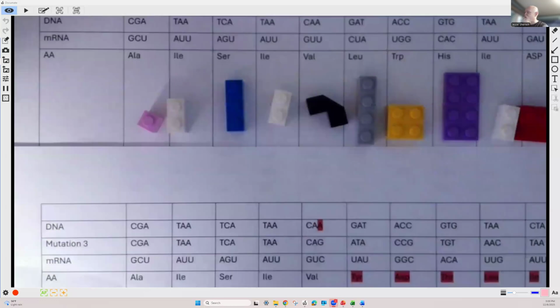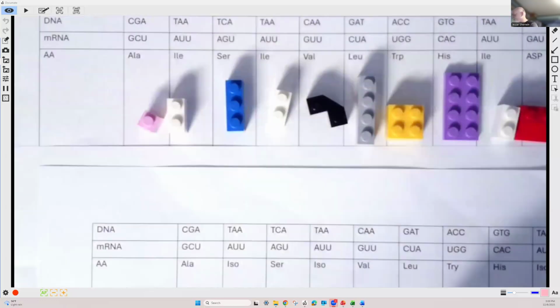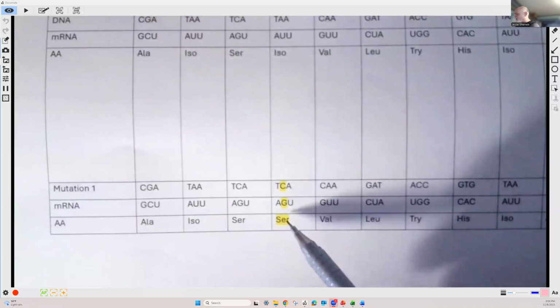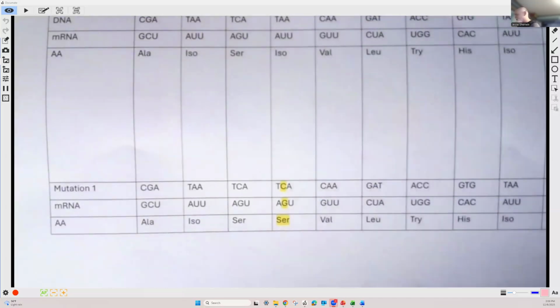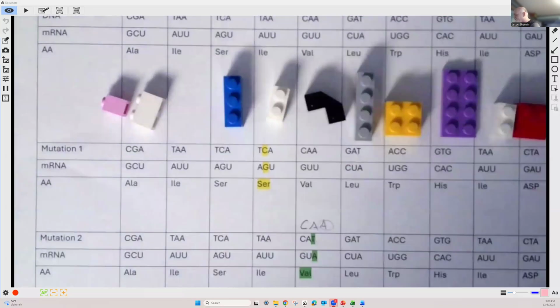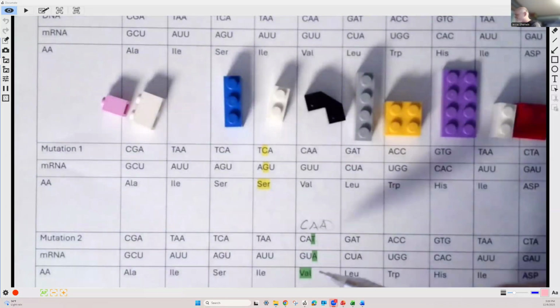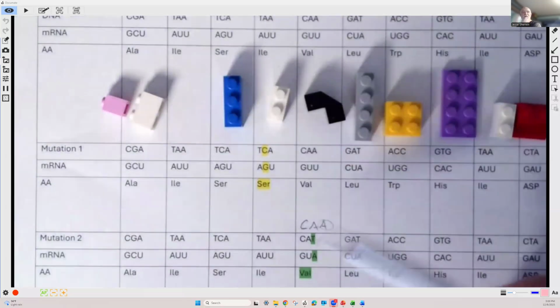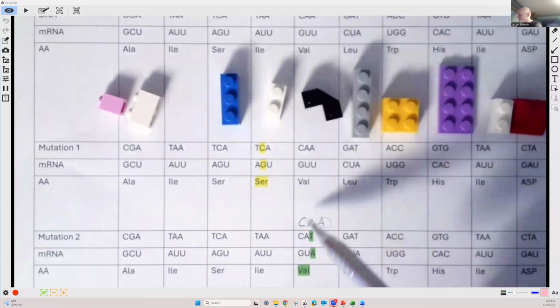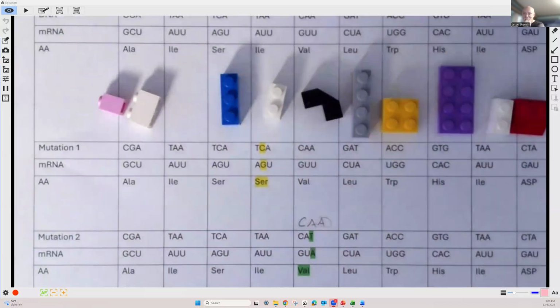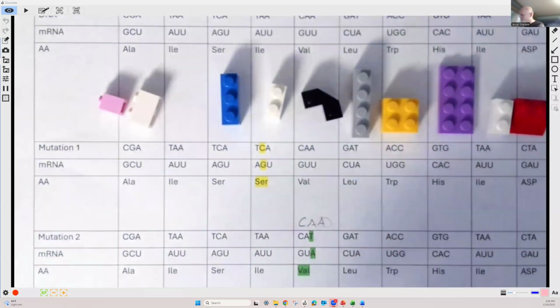The example over here, where we just changed one letter from an A to a T. It just changed the last letter of the codon. It's pretty resilient. Got a built-in safety feature there. It became the same thing.